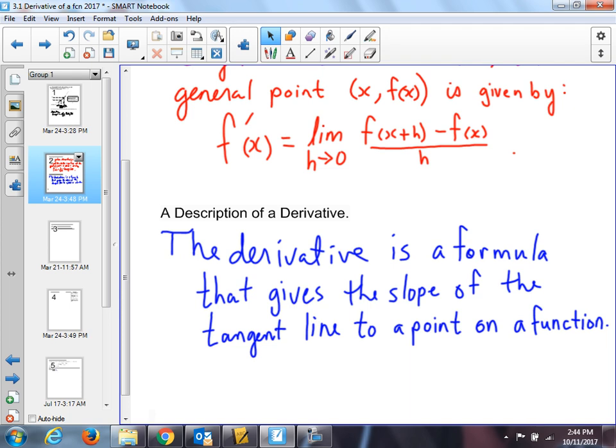This is what I call a description. It's a formula. Gives you the slope of the tangent line to a point on a function.